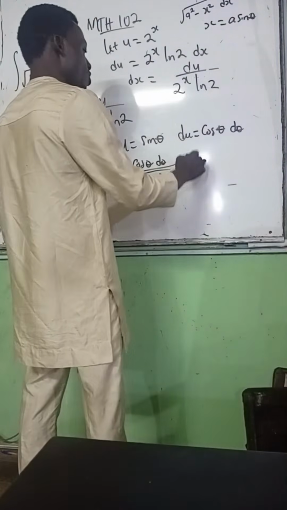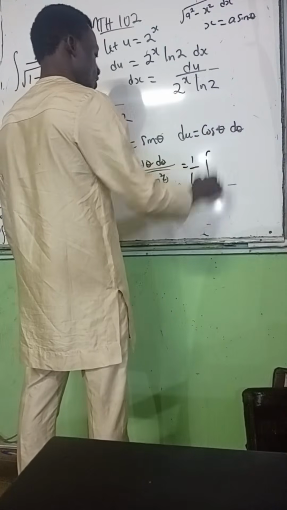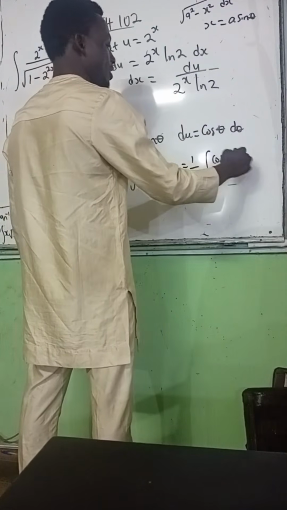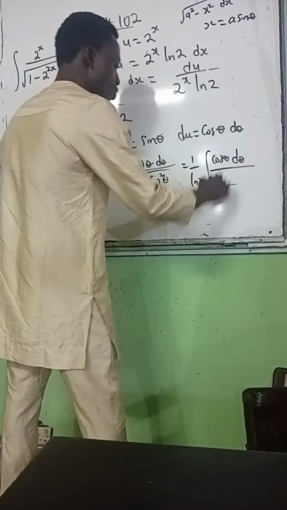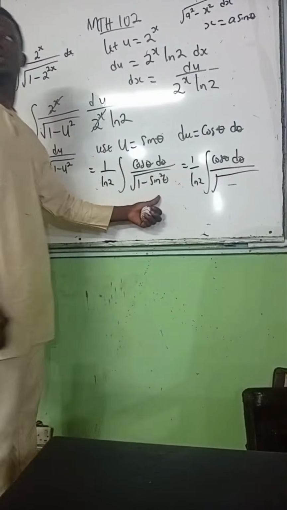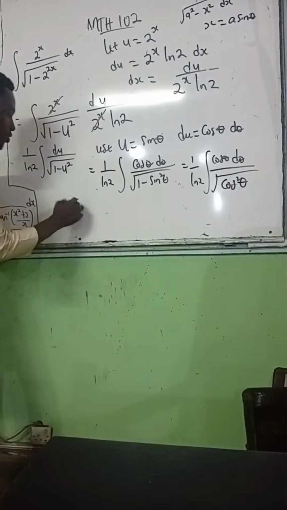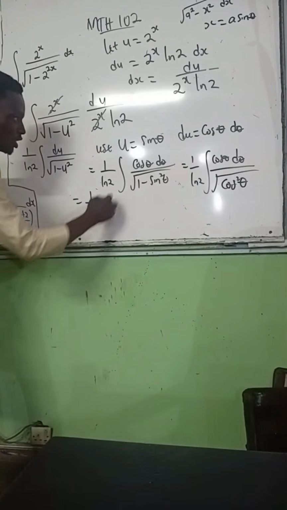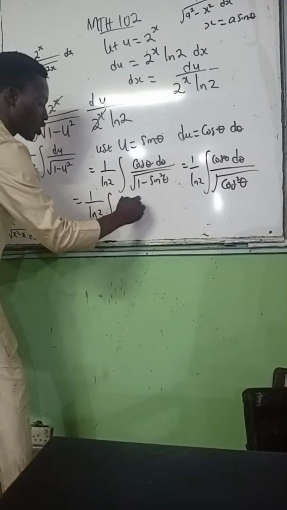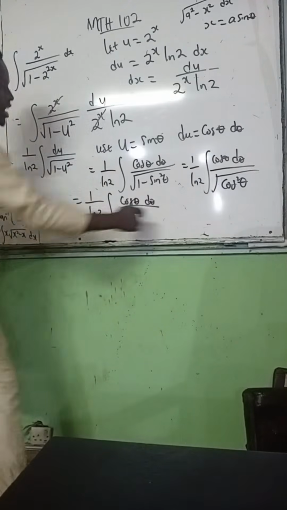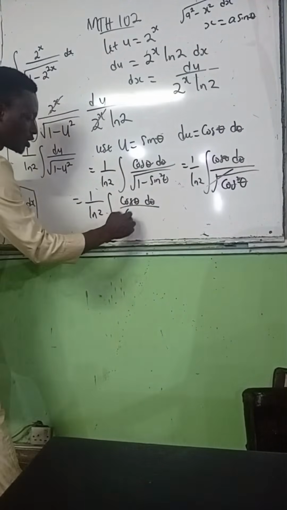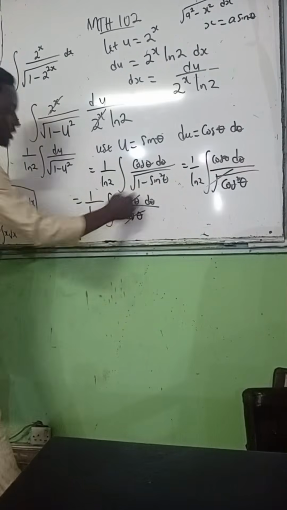That equals cos square theta. So we have 1 over ln 2 integral of cos theta d theta divided by the square root, which gives cos theta, and this cancels itself.